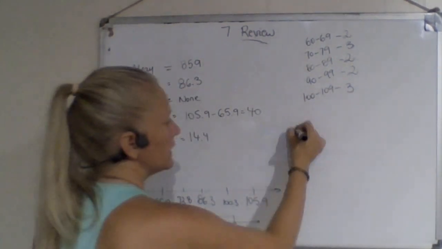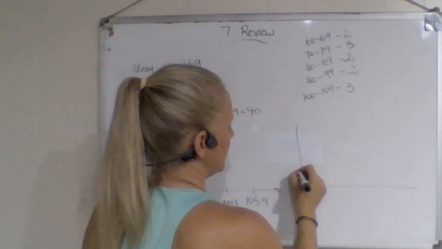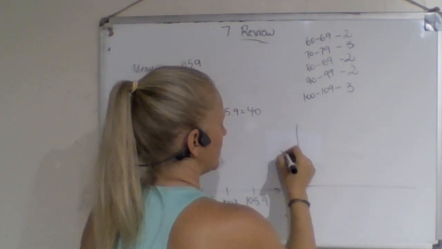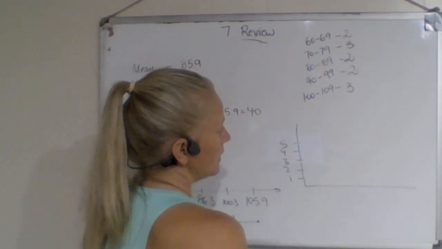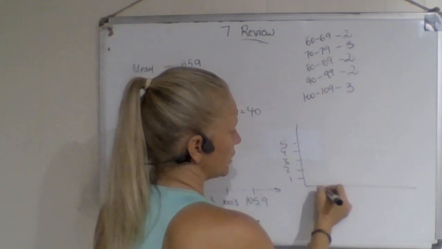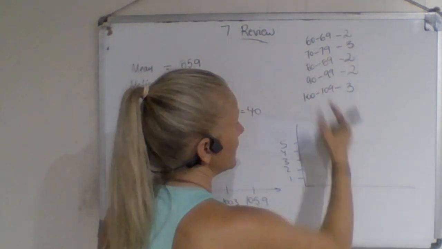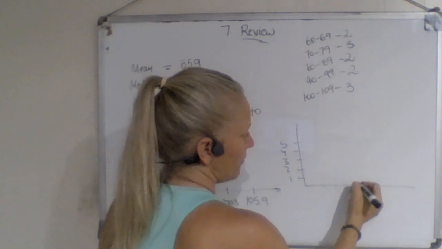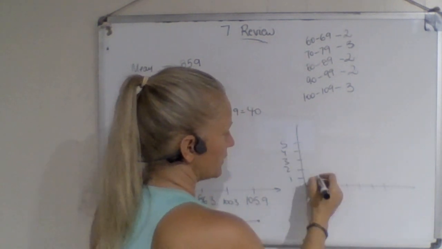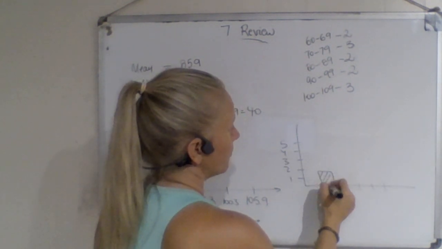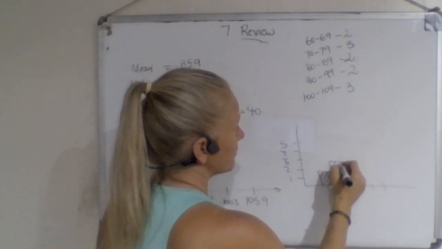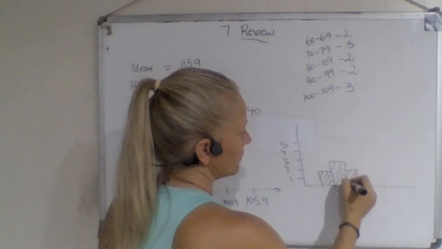Okay? To build the histogram, 1, 2, 3, 4, 5 intervals. We're going to start from here to here. That's my first interval, my second, third, fourth, and fifth. My first goes up to 2. My second goes up to 3. Then back to 2.